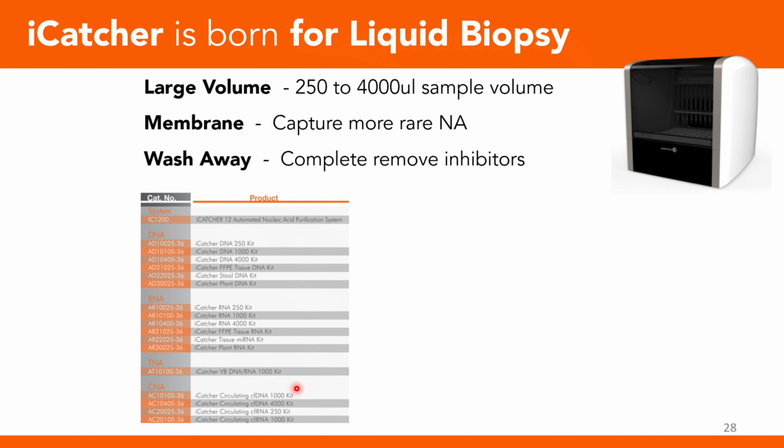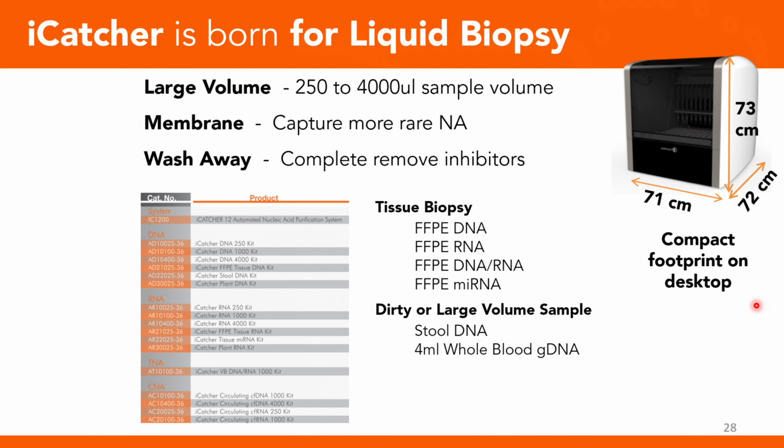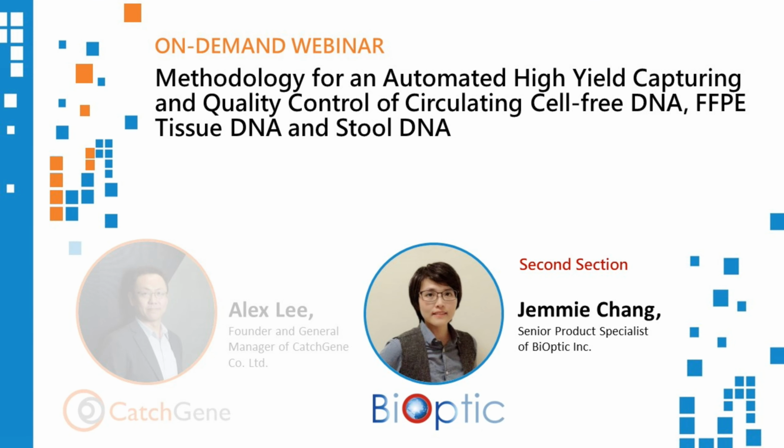We also can purify viral DNA, RNA from viral sample. Also, we can purify tissue biopsy and dirty and large volume sample like stool DNA or 4 milliliter whole blood sample. And this is our system with a very compact footprint and can place it on the desktop. Okay, so this is my part of the presentation.